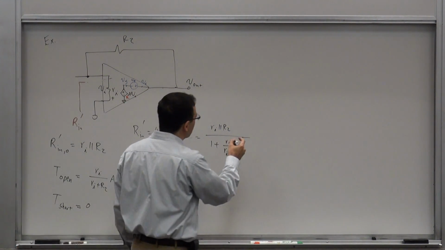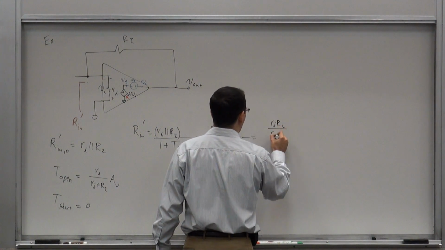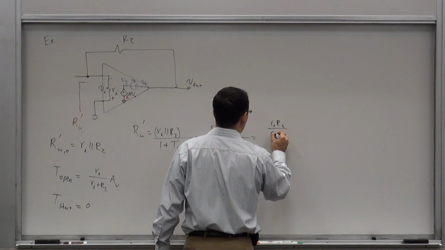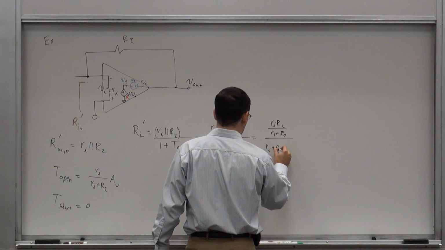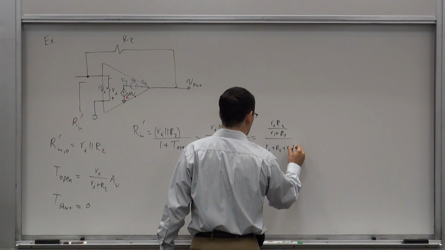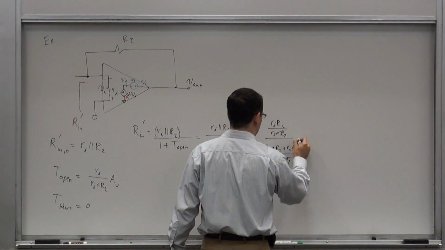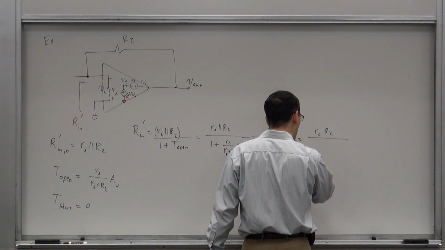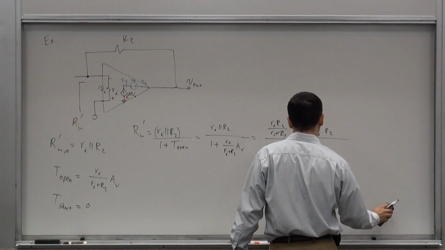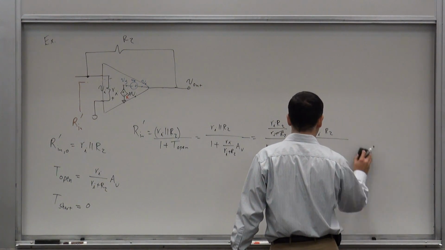So you can simplify this a little bit more if you want. You can write it as Ri R2 over Ri plus R2. This is not really that informative. We'll actually write it this way.